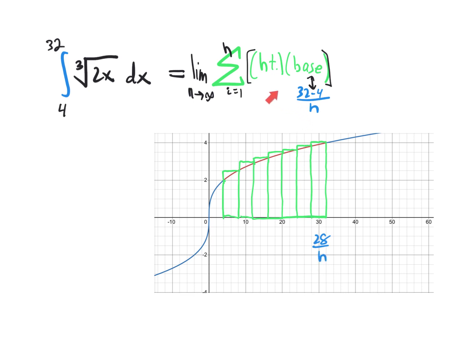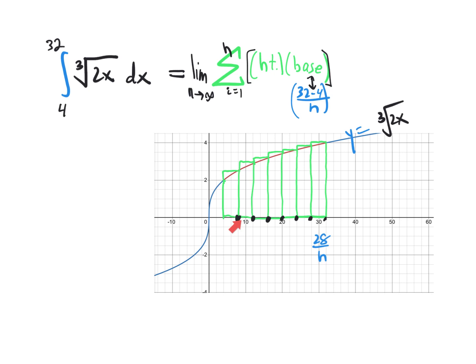And now what about the height? The height is the vertical dimension, which is the y value, which in this case is defined by the cubed root of 2x. But every rectangle's height is determined by the x value, specifically these x values, there, and then there, and then there, 20, 24, 28, 32.